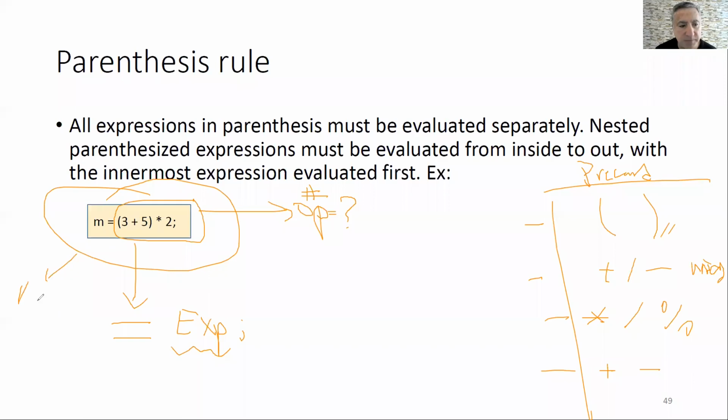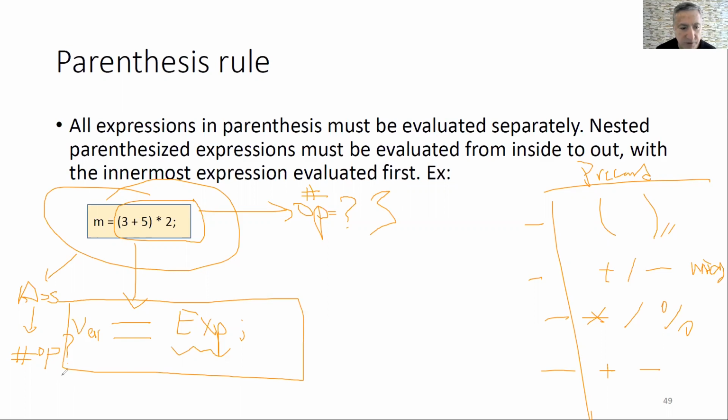But let me ask this. In that assignment statement, how many operators? In the assignment, not in the expression, but in the assignment statement, how many operators? 0? What happened to the 3 operators in the expression? Remember that in the assignment statement, the right side is the expression, the left side is the variable.